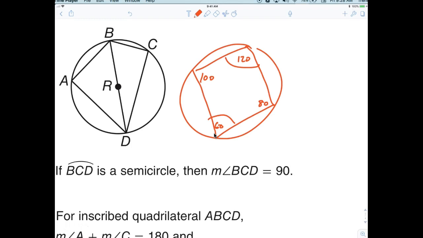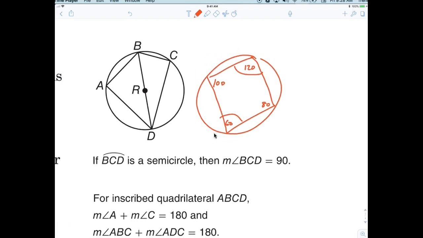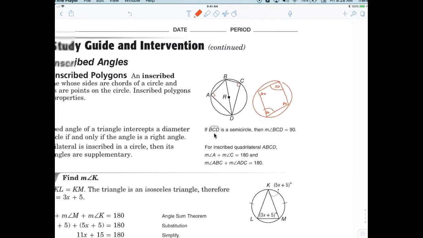Yes, that's how we know. A and C would be equal. For the one to the left would be A and C. Those would be 90 for sure. Does everybody understand what I mean by they kind of cut it? Right?